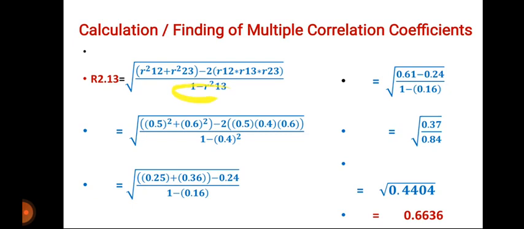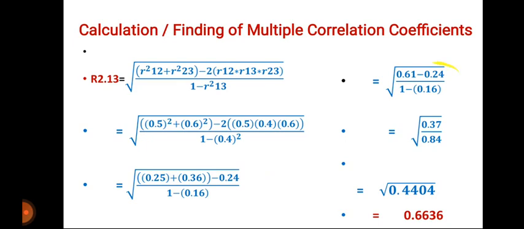Then in division, 1 minus R square 13. First step, formula putting. Second step, value putting. Third step, square and multiplication. Square of 0.5, square of 0.6, multiplication of these, and square of 0.4.